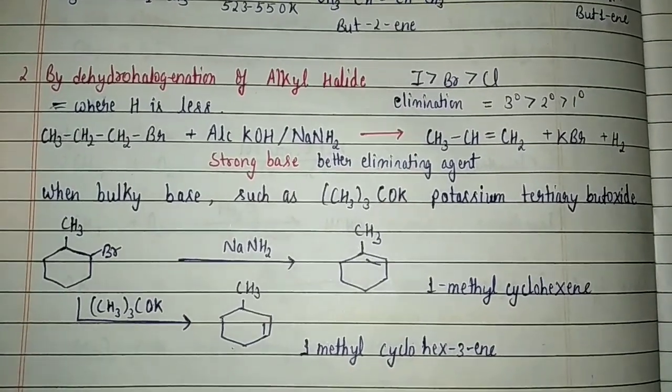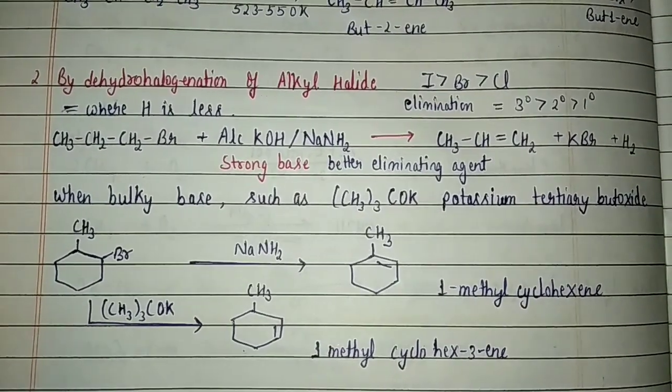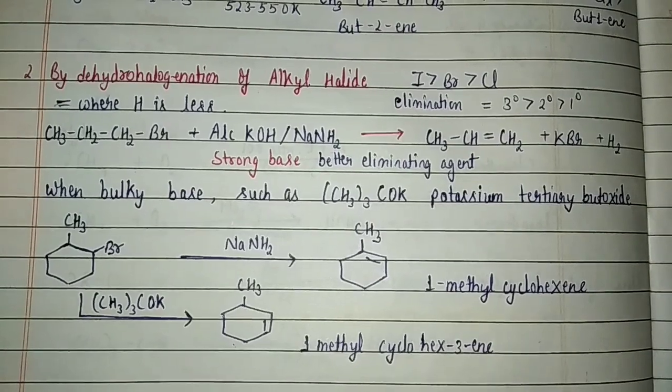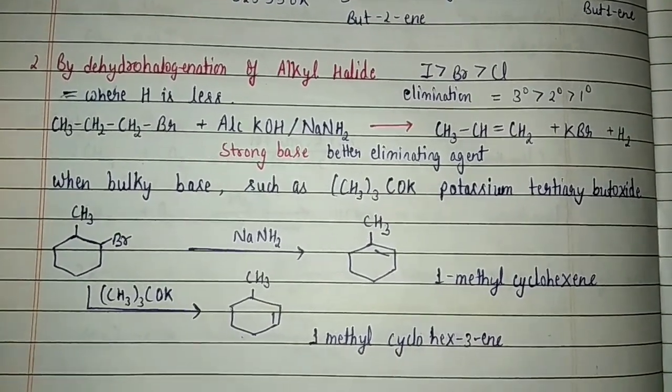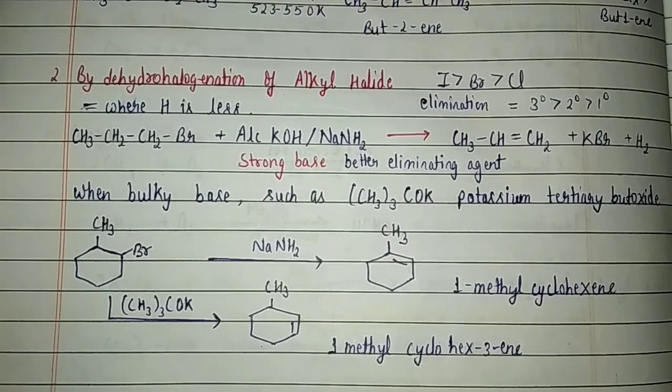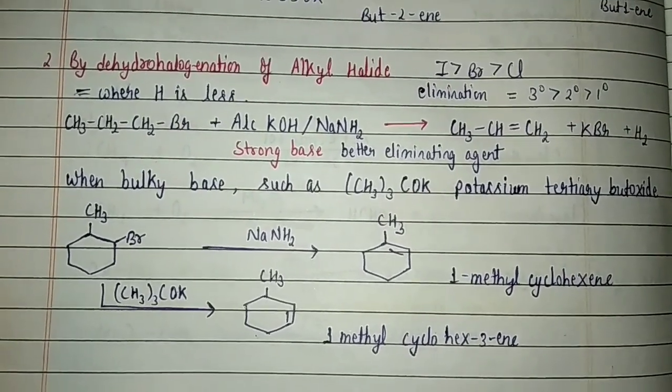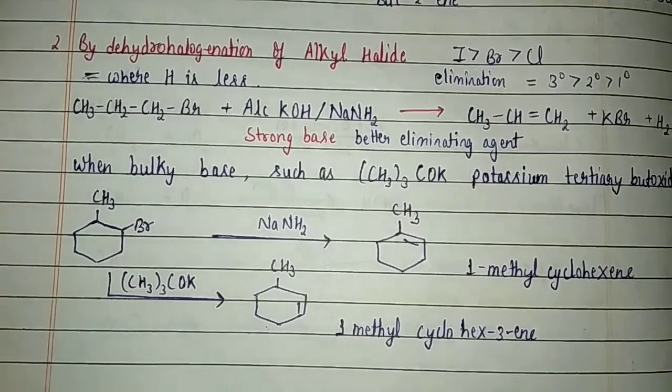The elimination is easiest with 3 degree alkyl halide, then secondary alkyl halide, then primary alkyl halide, and the elimination of the halogen group will be easier with iodine, then bromine, then chlorine.